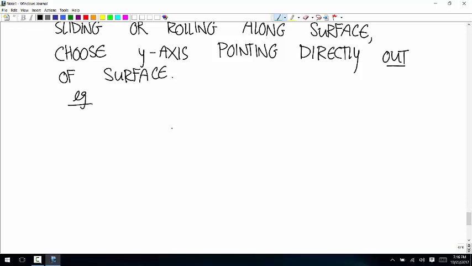So for example, if you have a problem like this, there's a force applied there, this is an incline. The coordinate system you want to choose has the y-axis pointing out of the surface like that, and the x-axis pointing that way.